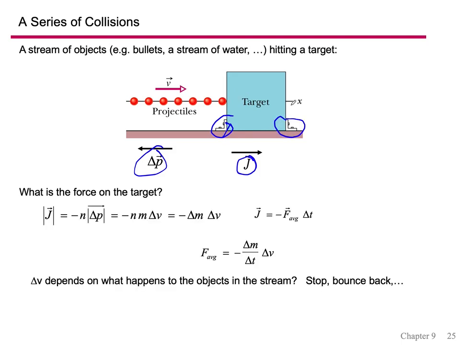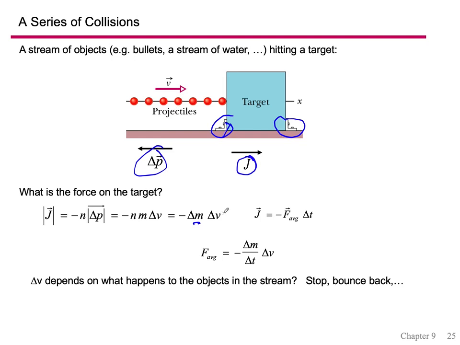We can calculate it real quick. Impulse equals the change of momentum of each one of these projectiles, where n is the number of them. Or you could say n times the mass of each one of these times its delta v would be the impulse. Or more generally, if I simply say this m represents the total mass, it could be the total mass of all these times delta v.